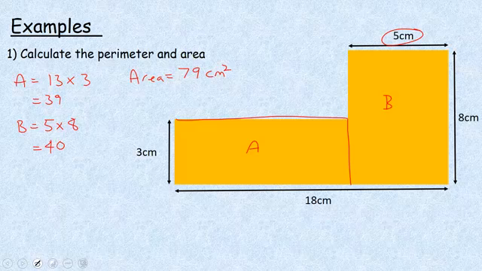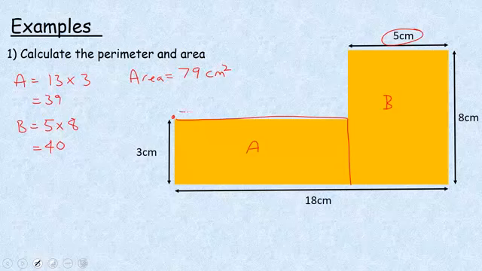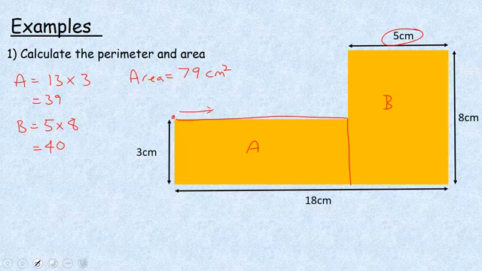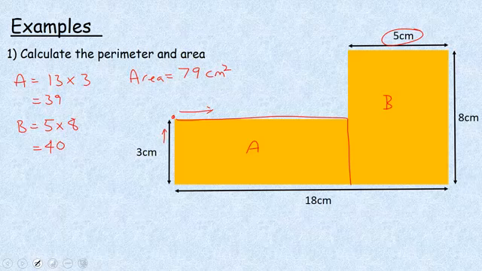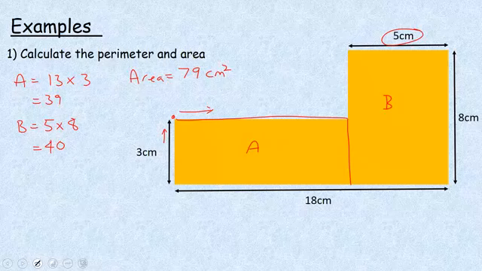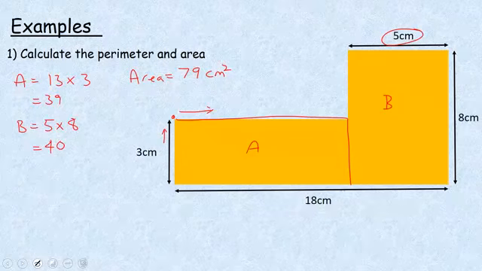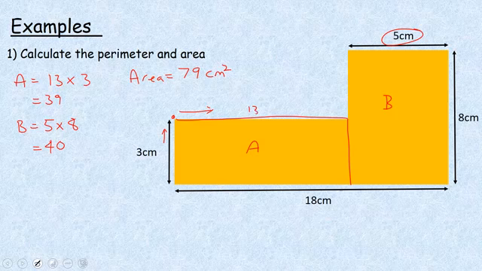Okay, so our perimeter is the distance all the way around the shape. So imagine we were here and we walked all the way around and came back to where we started, how far we'd have travelled. Okay, so if you look at what we've got here, we've already found out that this is 13, but we don't know how big this length is.